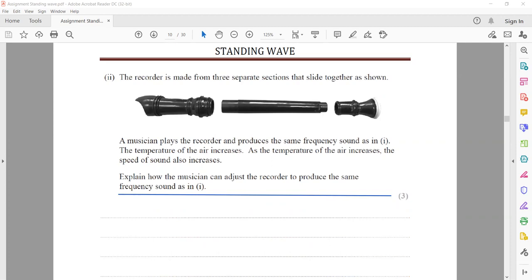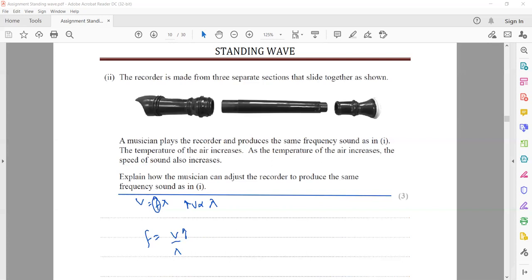So we have the formula V is equal to F lambda. We want the frequency constant. If frequency is constant, V is directly proportional to lambda.